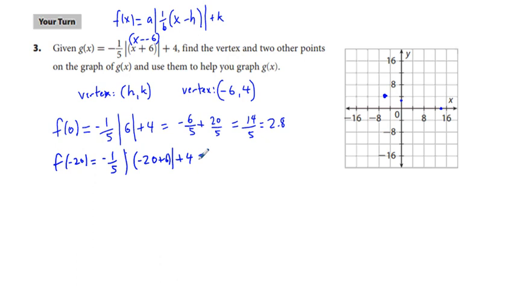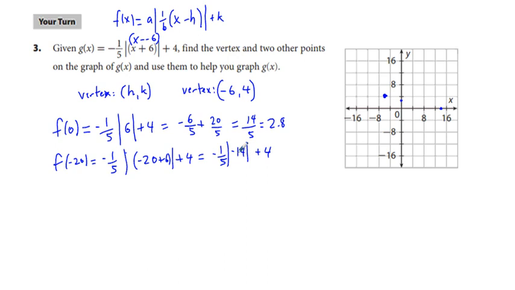So negative 20 plus 6 is negative 14. So we have negative 1/5 times absolute value of negative 14, plus 4.